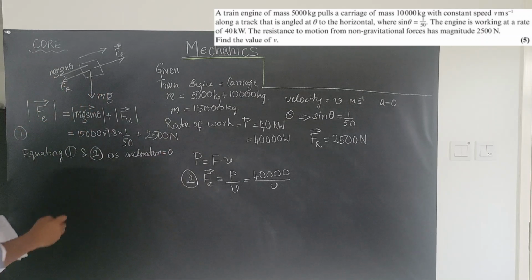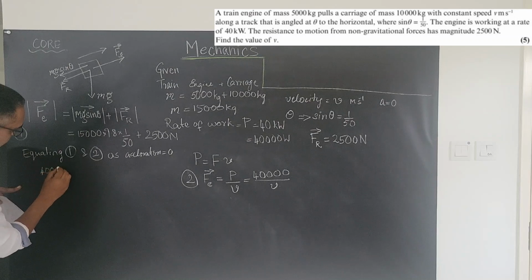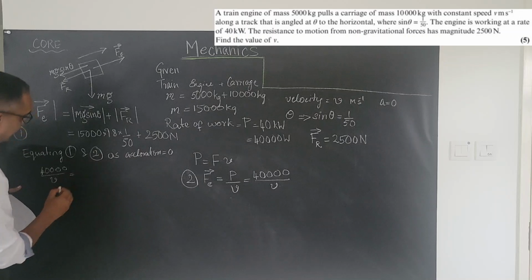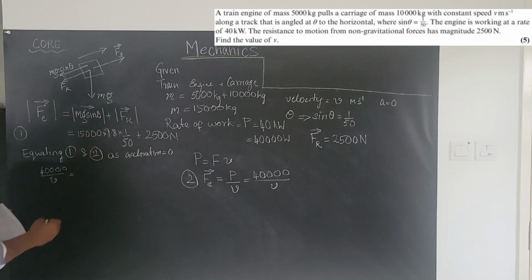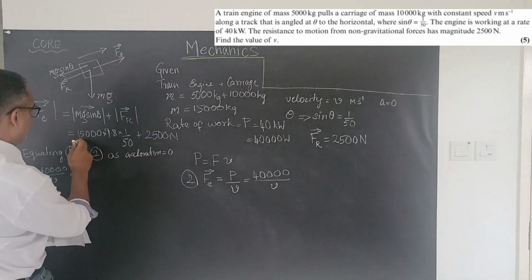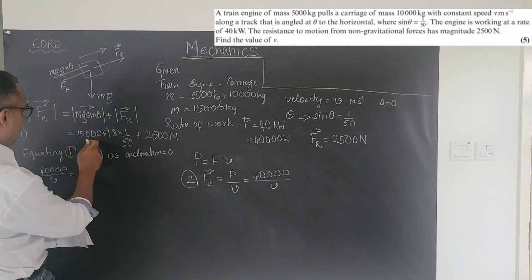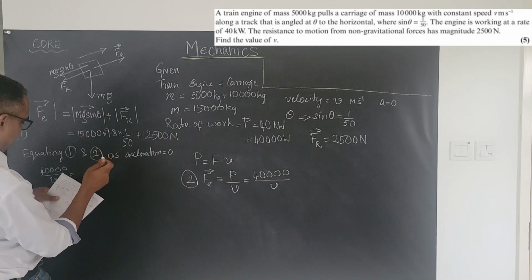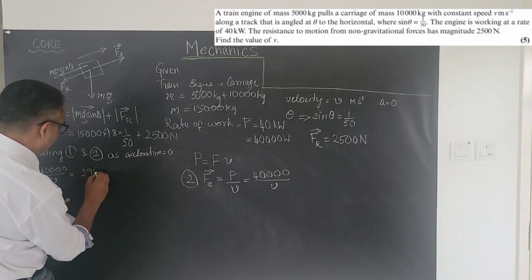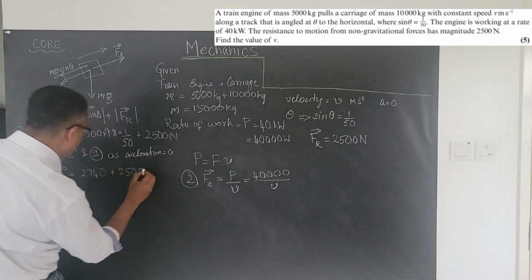Coming back here, I would have 40,000 by velocity is equal to, and if I just simplified this, what would I get? 15,000 by 5 is 3,000 times 9.8 is 2940, plus 2500.